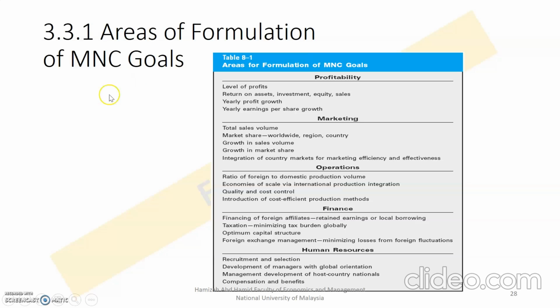Next is to achieve quality and cost control, and also to have cost efficient production methods. They also want to see changes in finance, such as financing of foreign affiliates, whether it's retained earnings or local borrowing. In terms of taxation, to have optimum capital structure or to have foreign exchange management.